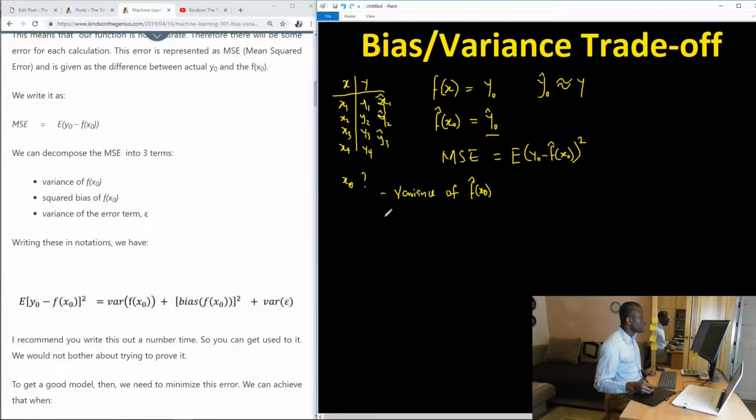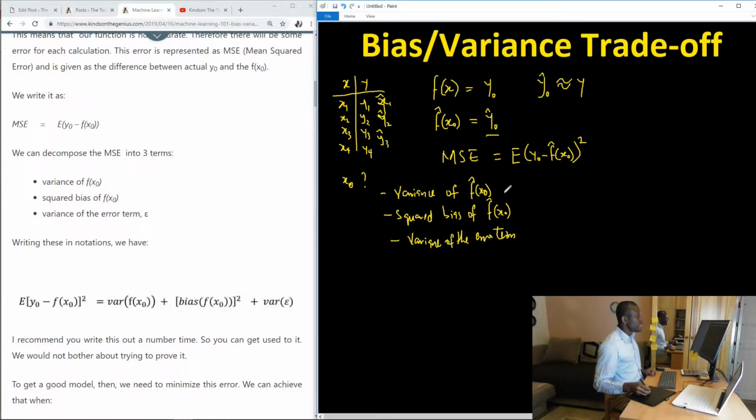You need to know these terms. One of them is the variance of whatever you calculated. The second one is the squared bias of whatever you calculated. And finally, we have the variance of the error term.